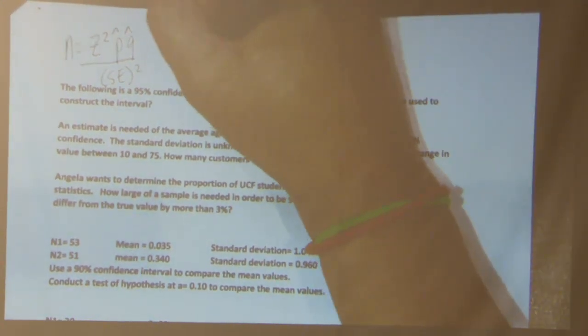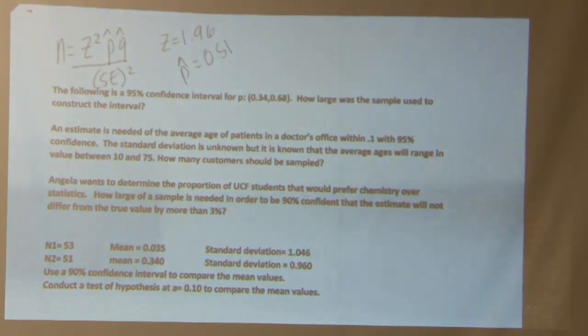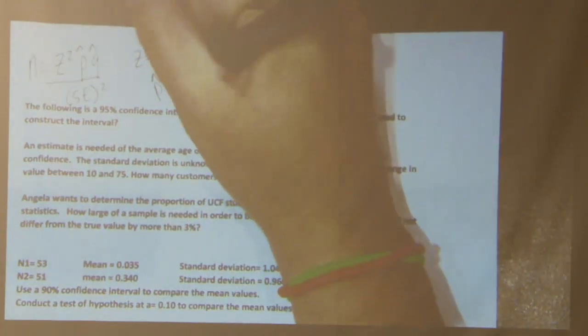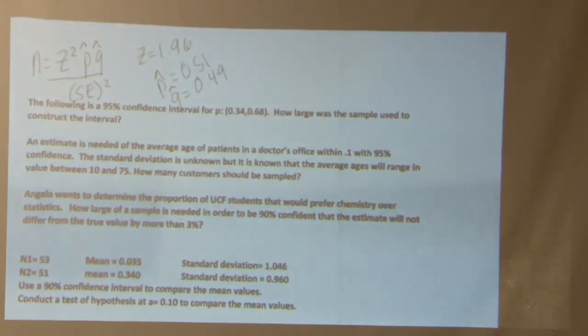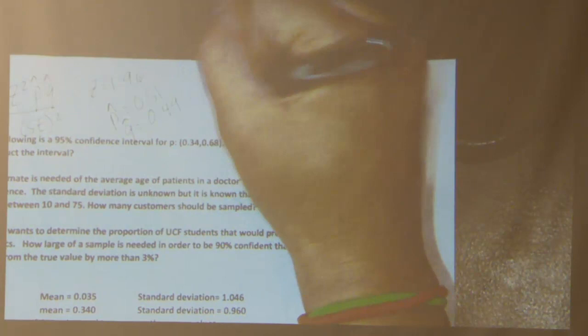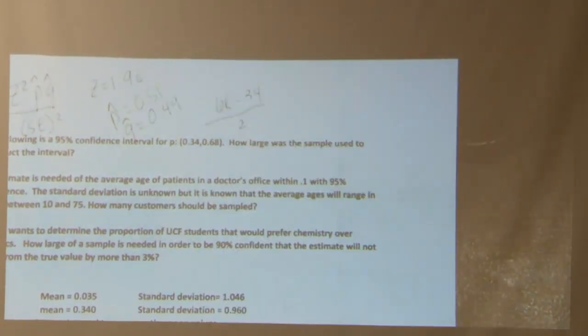So we get a P hat value of 0.51, which means our Q hat is going to be 0.49. Now to find the sampling error, we can take the 0.68, subtract out the 0.34, and divide that in half to give us the 0.17.